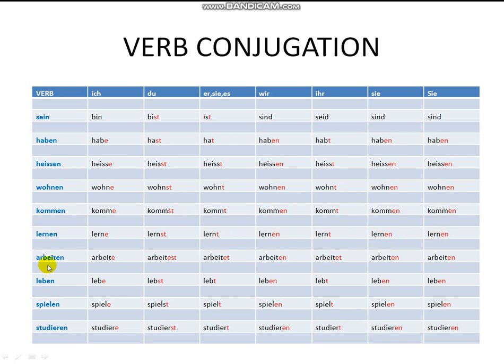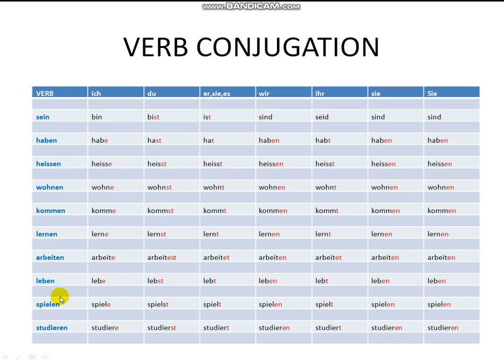To conjugate the verb arbeiten, to work, you say ich arbeite, du arbeitest, sie, es arbeitet, wir arbeiten, ihr arbeitet, sie arbeiten, Sie arbeiten. To conjugate the verb leben, to live, ich lebe, du lebst, sie, es lebt, wir leben, ihr lebt, sie leben, Sie leben.